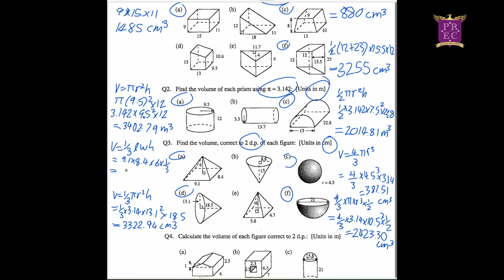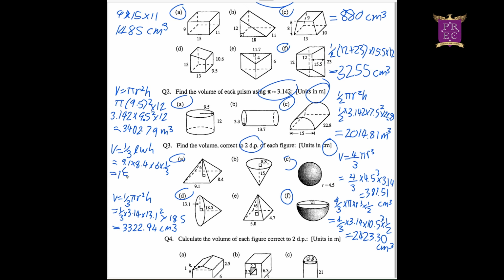So we can just do 9.1 times 8.4 times 2, because 6 divided by 3 is 2. Let's put this in the calculator. That gives us 152.88. Oops, 152.88. What are the units again? Cubic centimeters. Always remember that.